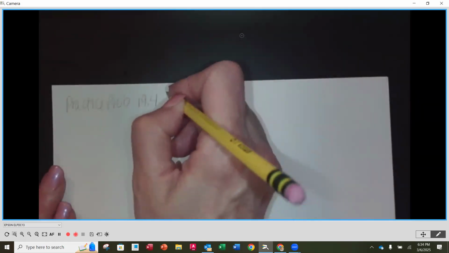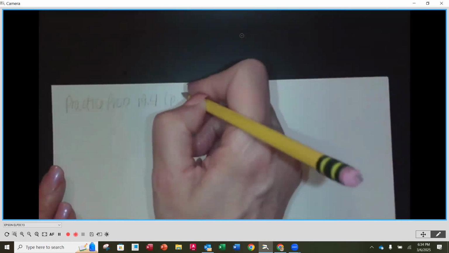But let's set up this problem. This is practice problem 19.4, and again, this is a problem at the end of this section, on page 1362. The mass of our block is 32 kilograms.